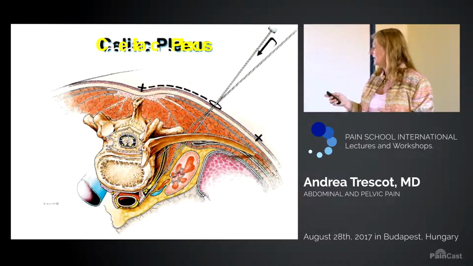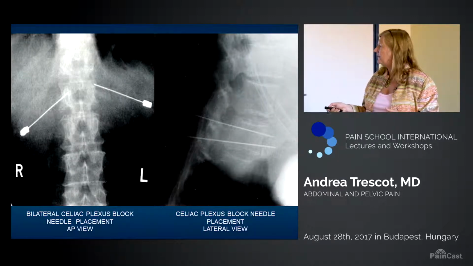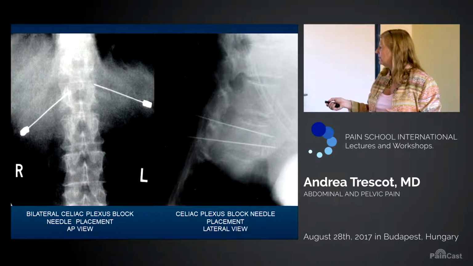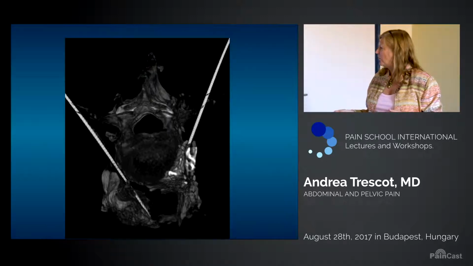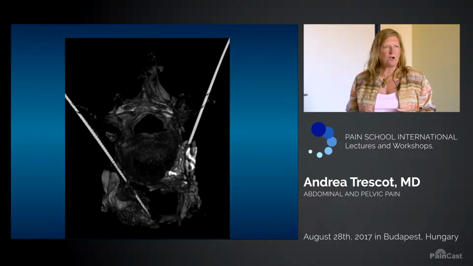And now we recognize that if you do, again, that same concept of obliquing the vertebra, and coming at it anteriorly, it allows you to get in front of the vertebral body, in front of the crura, to where the celiac plexus is. And we recognize that this celiac plexus, which is really anteriorly and wrapping this way, that by putting medicines posteriorly, we can get the medicines to go anteriorly.